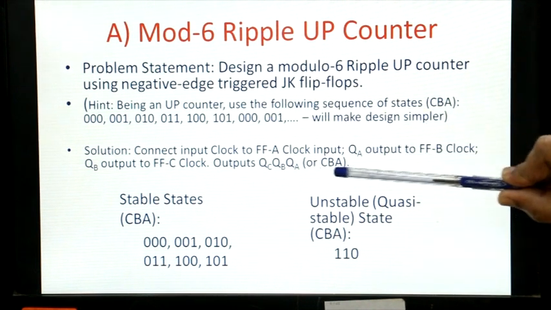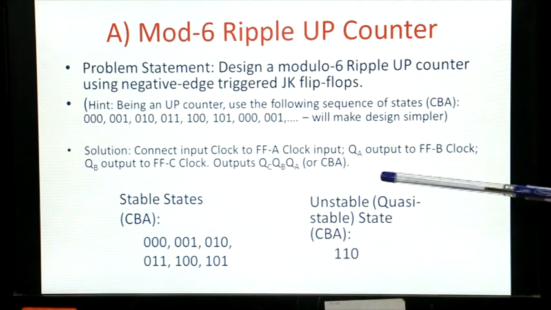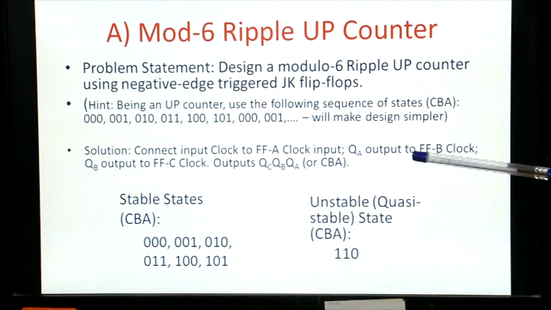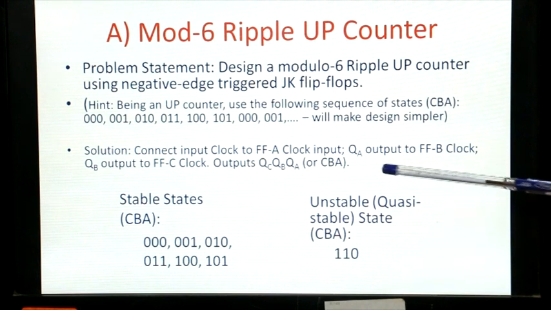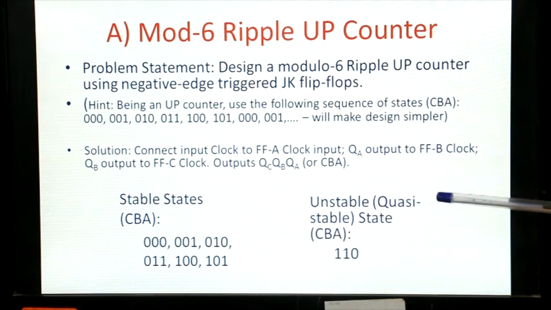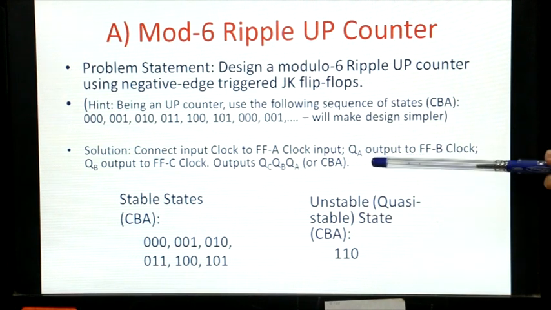The way you do this is, mind you, this is a negative edge triggered JK flip-flop. Therefore, to get an up counter, we need to connect the input clock to the flip-flop A clock input, and the QA output, the output of the first flip-flop, as the clock of the second flip-flop, which is the B flip-flop.